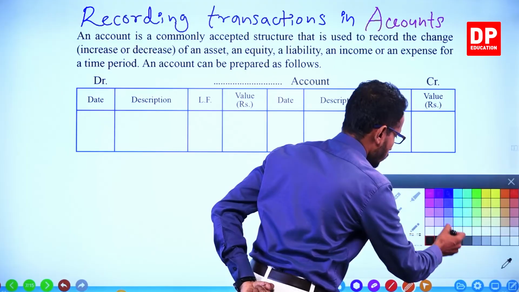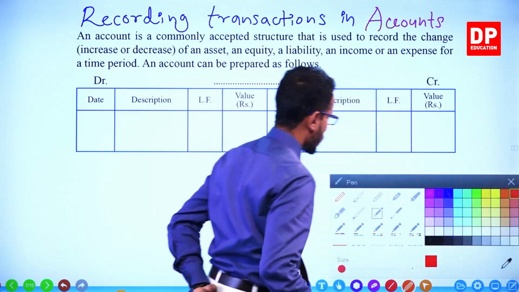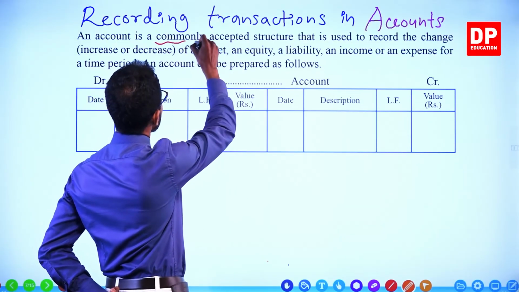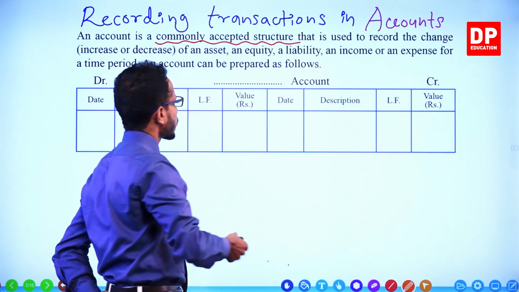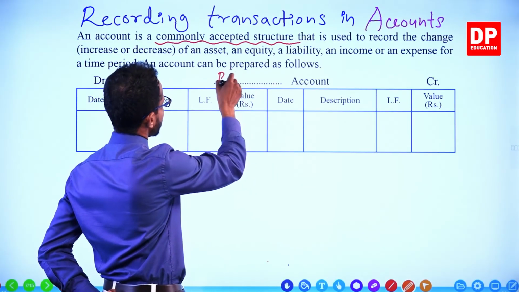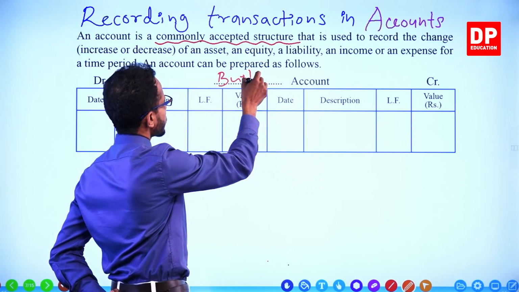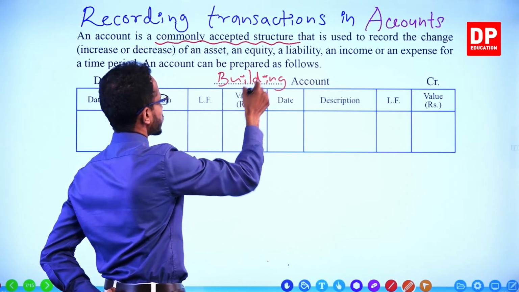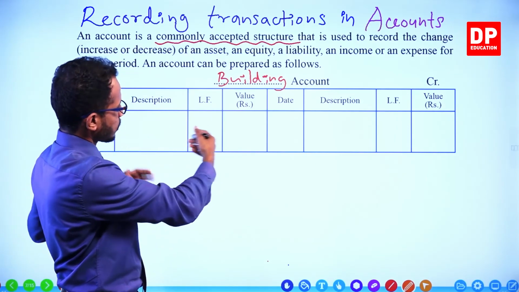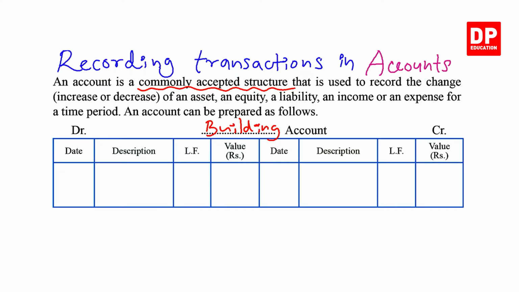And the commonly accepted format or structure is given here. Let's say this account is the building account of the business. Here you go, this is the commonly accepted format.